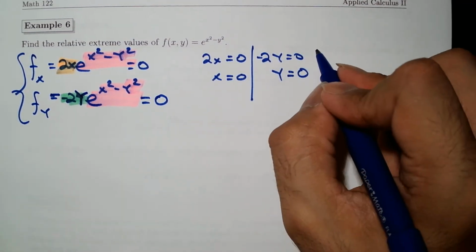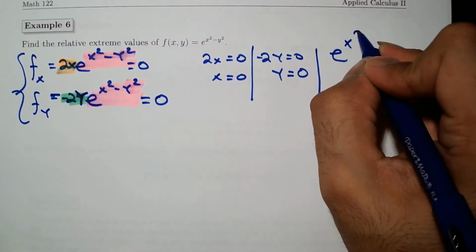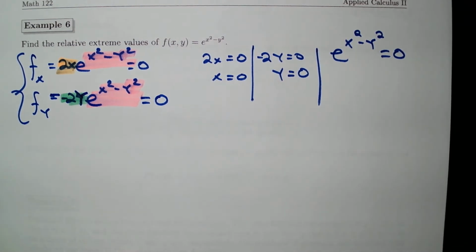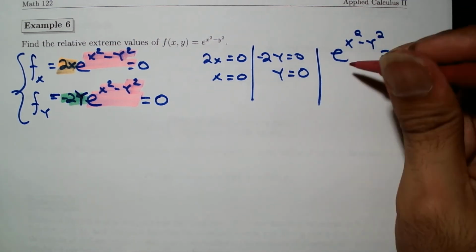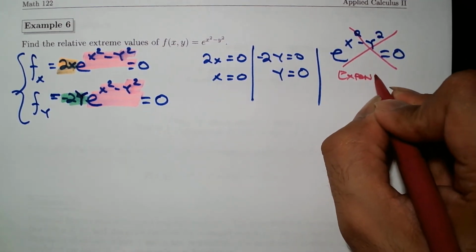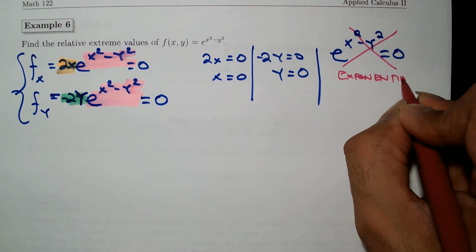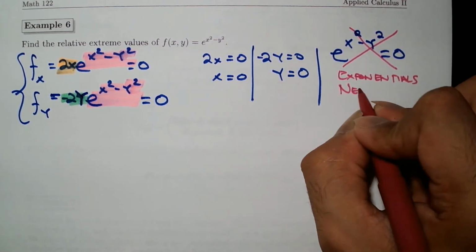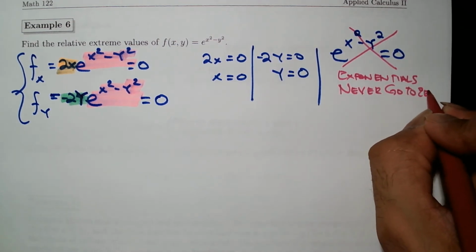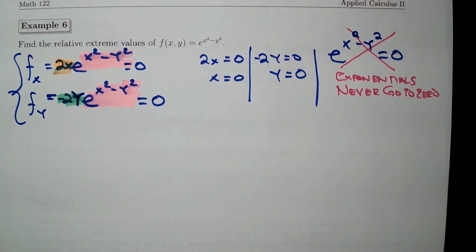But the problem here is with the exponential function. One thing you need to keep in mind, in this case there will be absolutely no critical values from the exponential function, because exponentials never go to 0. Let's illustrate this in a different way.